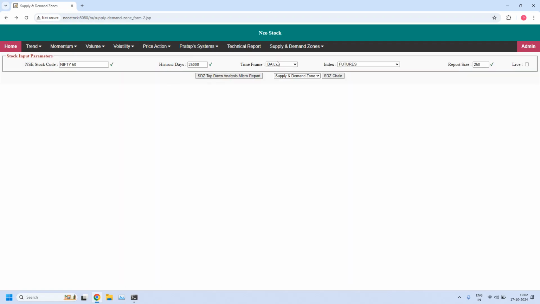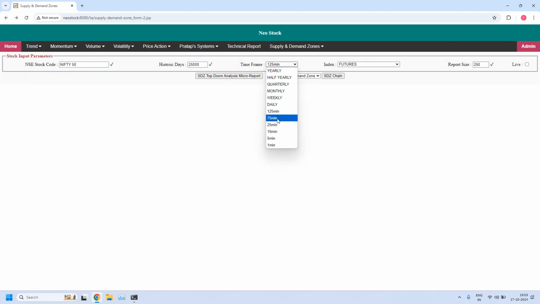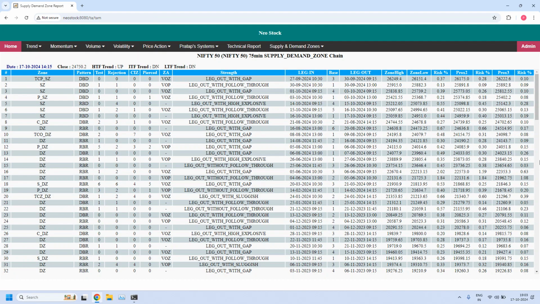Next time frame is 125 minutes, generating 125 minutes supply demand zone chain for Nifty. Next time frame is 75 minutes, generating 75 minutes supply demand zone chain for Nifty.